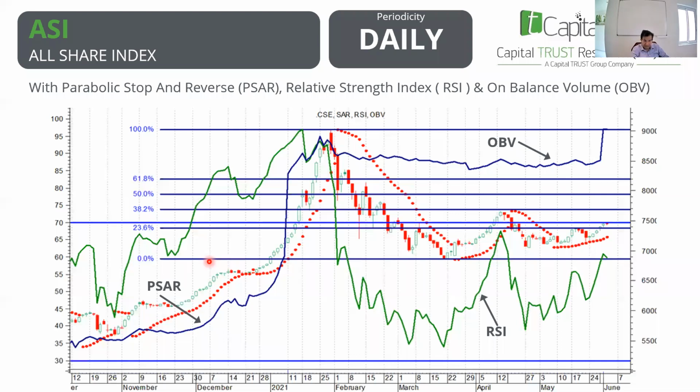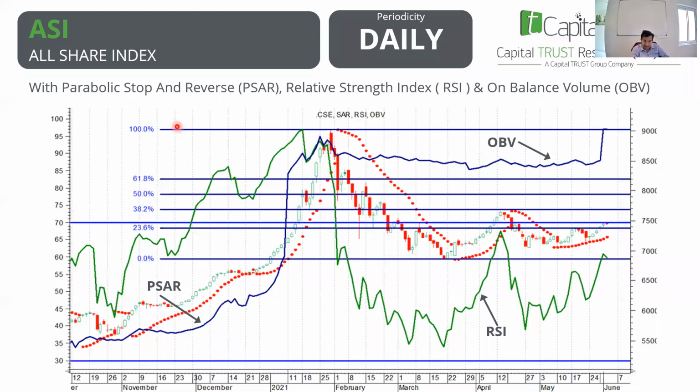So these numbers or these ratios are used for constructing these Fibonacci levels. Though 50 and 100 are not Fibonacci numbers, we just use it that 50 is halfway through and 100 is complete retracement.